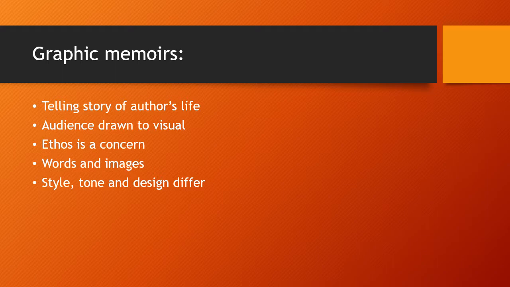Somebody like Ben Snakepit uses a combination of words up top and down below, but Ben Snakepit's stuff tends to be a little bit sloppier. So, it's a style and tone and design. So there's a whole bunch of different examples of this.